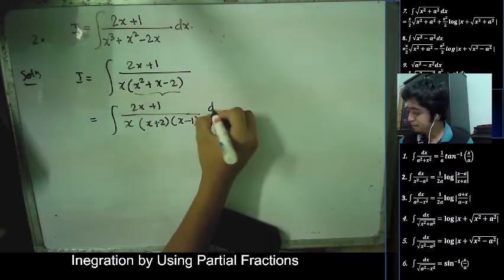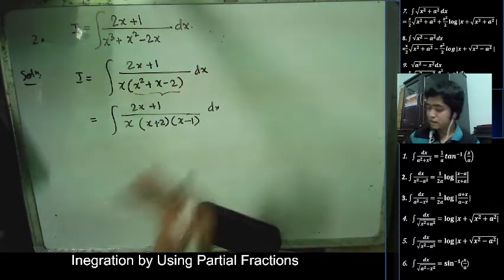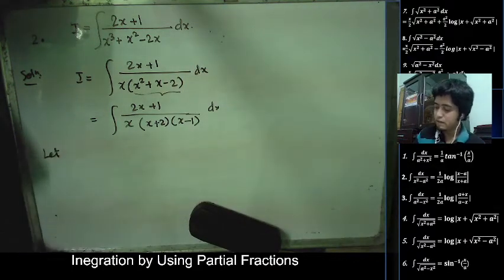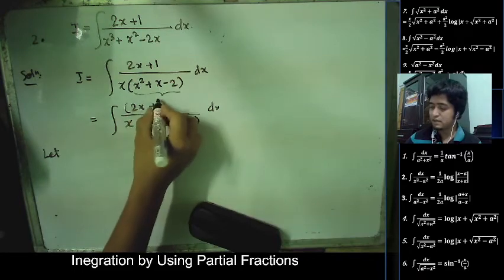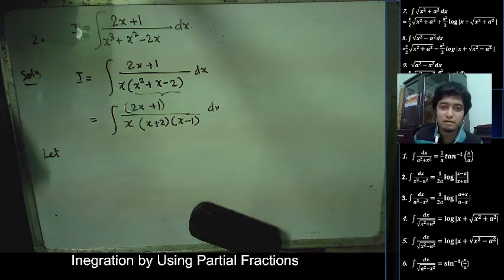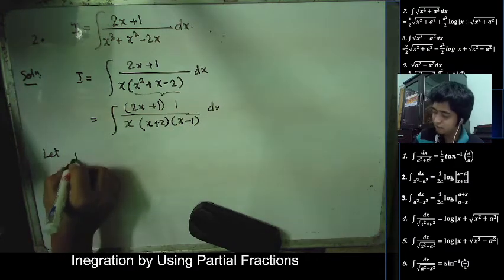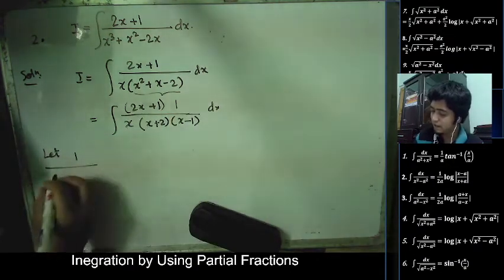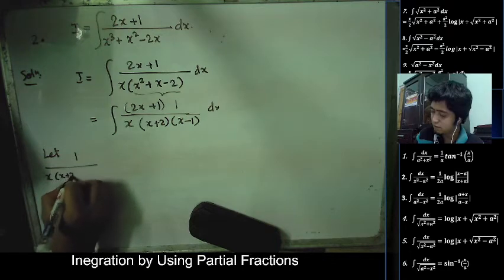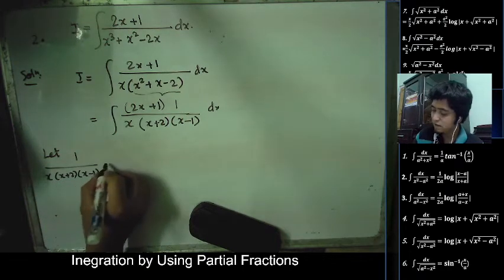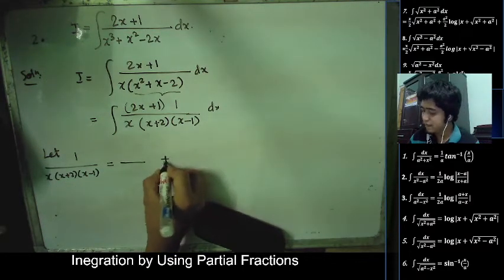Now, okay, now what will we do? We don't care about what this is, but we will write it as 1. So what we can do, this thing, 1 divided by x plus 2, x minus 1, we will use partial fractions now.